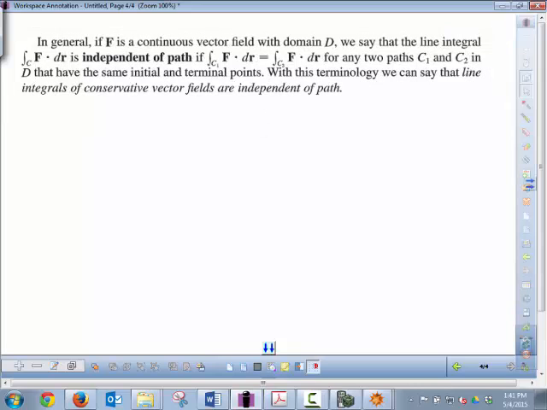So this is a definition of path independence: if you're path independent, then it doesn't matter what path you're taking.